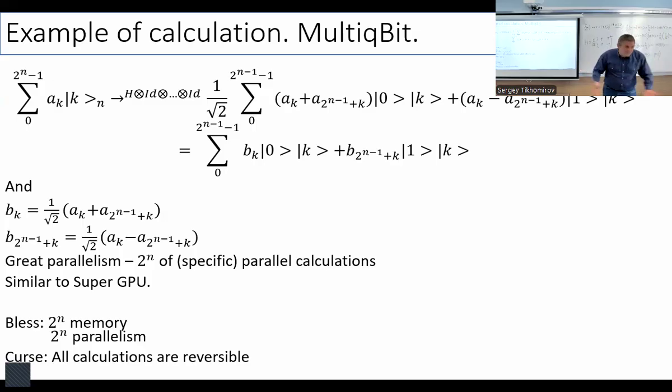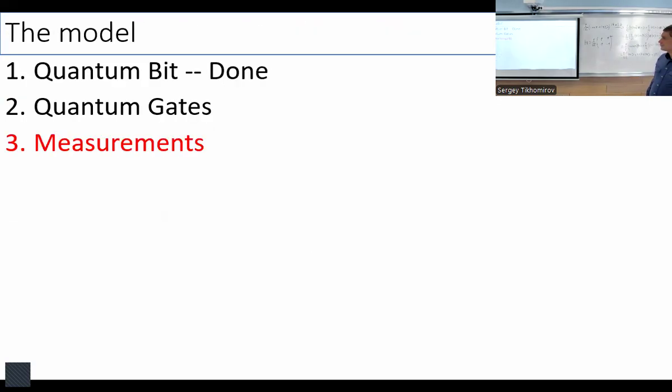All of those summations are really different operations and cannot be reduced to one of them. So this is the story. Okay, let's come to measurements.